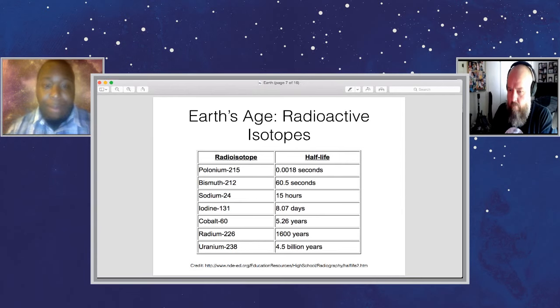However, a radioactive isotope such as uranium would be able to last on the order of billions of years.